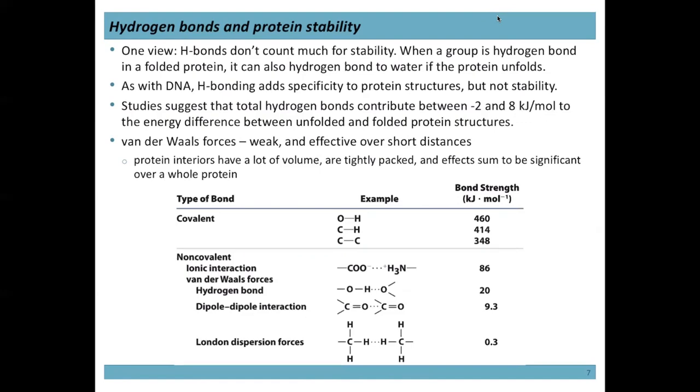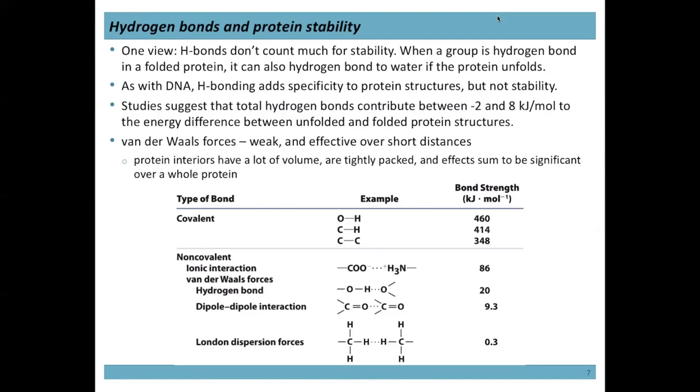So if one hydrogen bond can result in 20 kilojoules per mole, and the overall hydrogen bond contribution is only 8 kilojoules per mole, you can tell that there's not a whole lot of stability coming from that hydrogen bond. So it's really going to be the van der Waals forces, weak and effective over short distances.